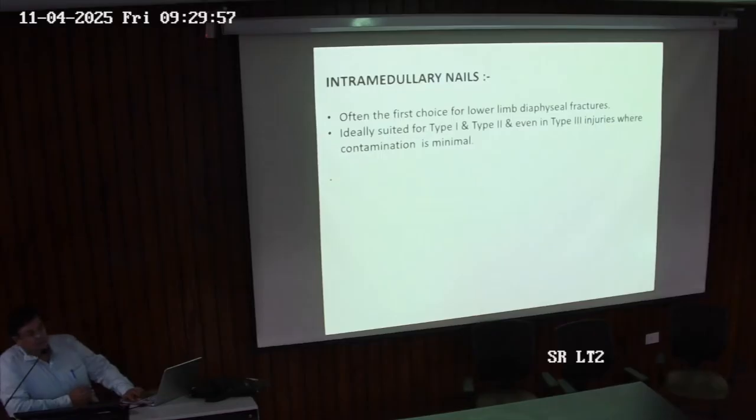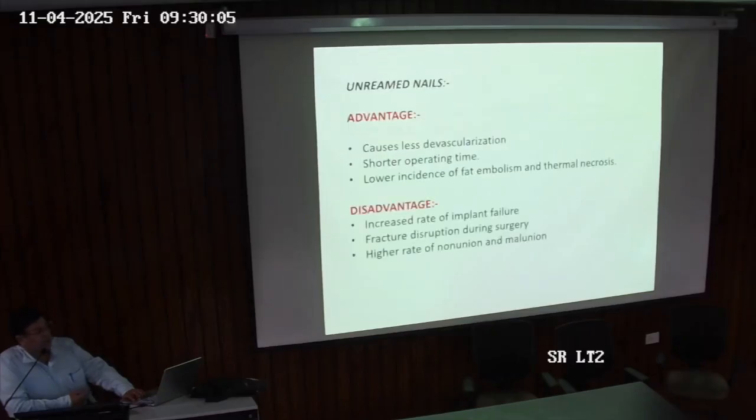And if primary fracture stabilization is done, then intramedullary nails are the choice, and in that too we do unreamed nail. As you know, an intramedullary nail goes inside the medullary cavity. So to accommodate the largest diameter of the nail, we ream the medullary cavity.